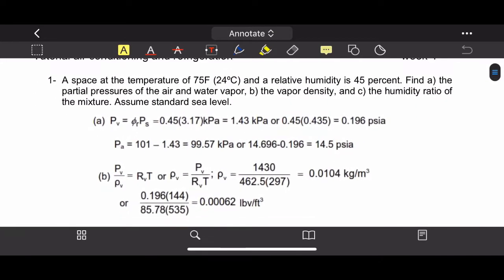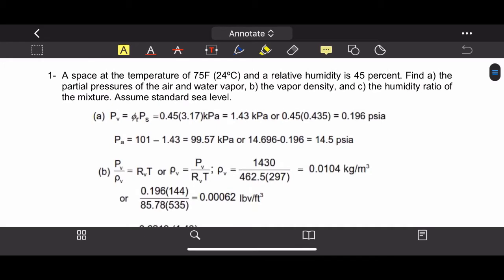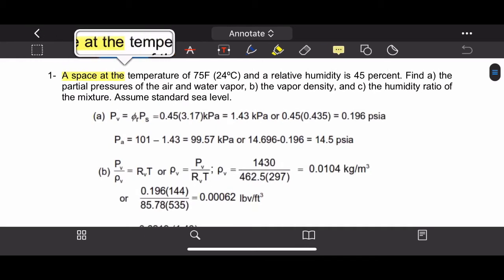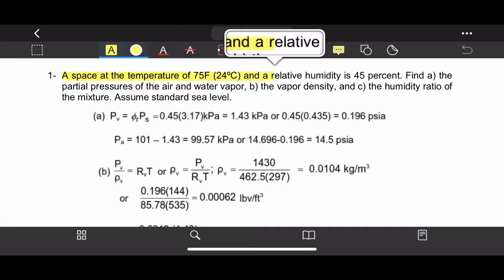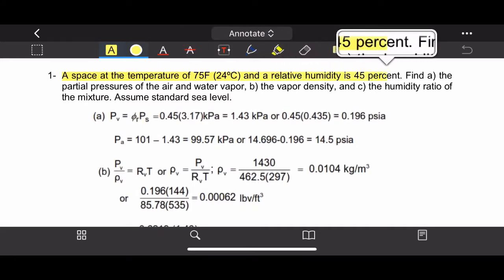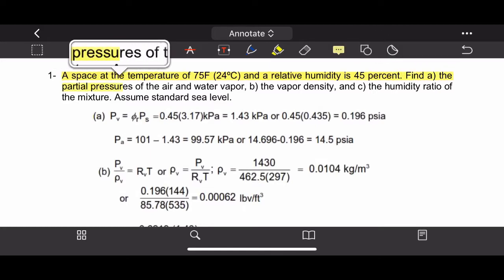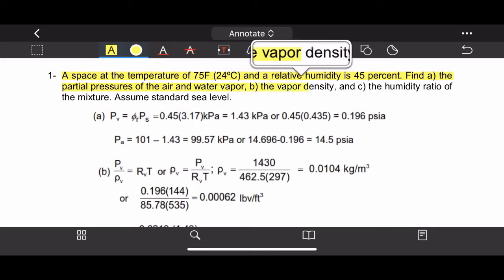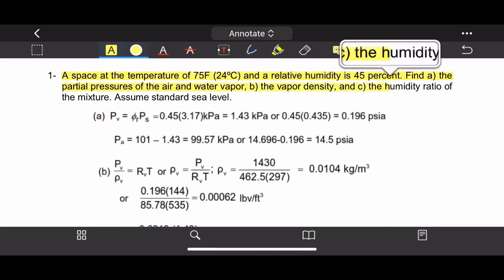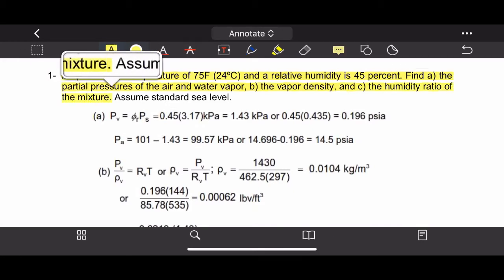The first question says, a space at temperature 74 degrees Fahrenheit or 24 degrees Celsius, relative humidity of 45%, is contained. Find A, the partial pressure of air and also the water vapor, B, the vapor density, and C, the humidity ratio of this mixture.